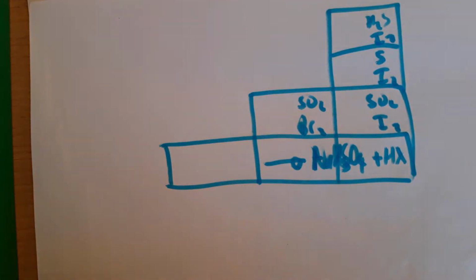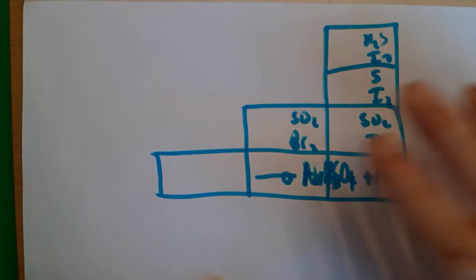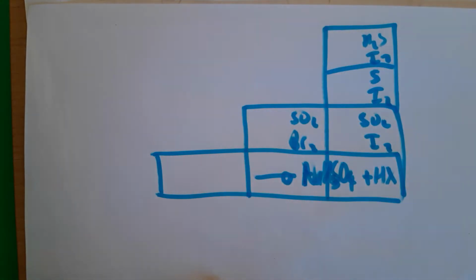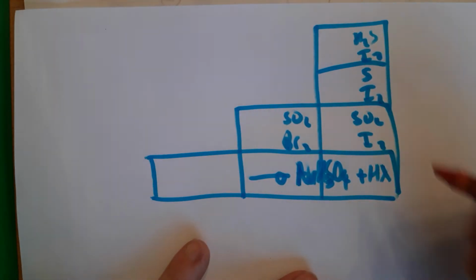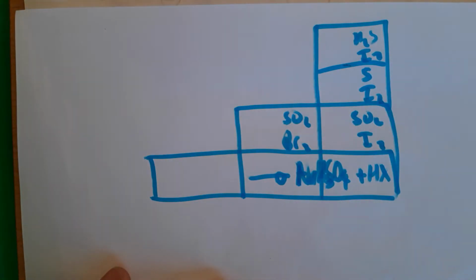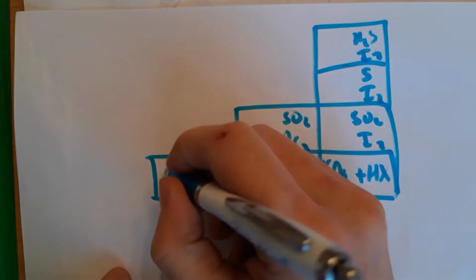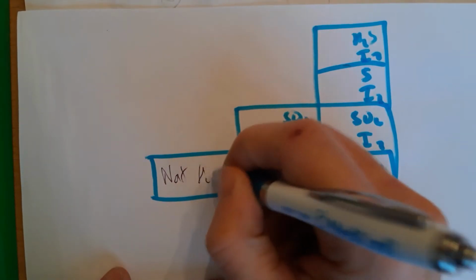All right. So what the examiner might ask you is they could ask you to describe any one of these boxes and write an equation for any one of these boxes. So say, for example, the examiner says, let's have a little look. I'll just write NaX H2SO4.